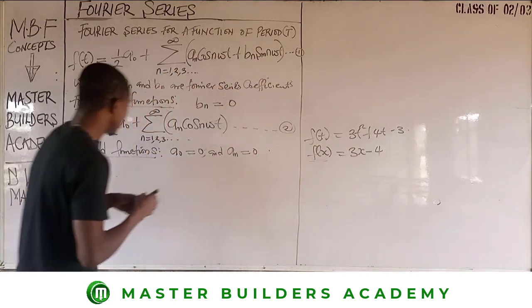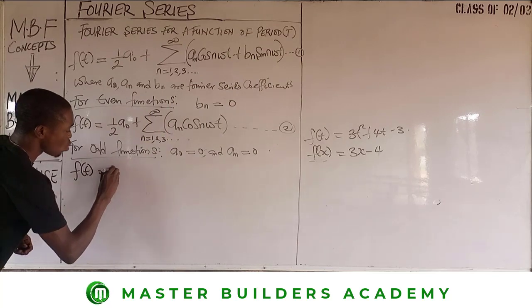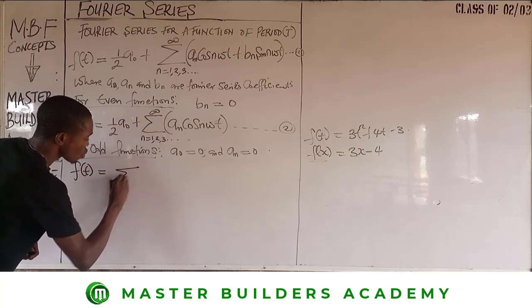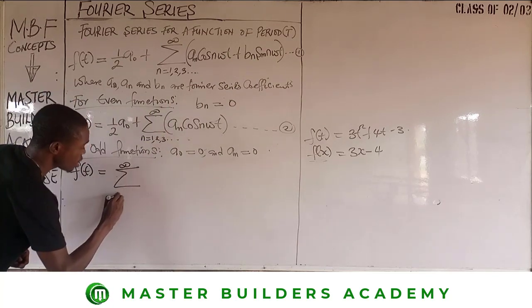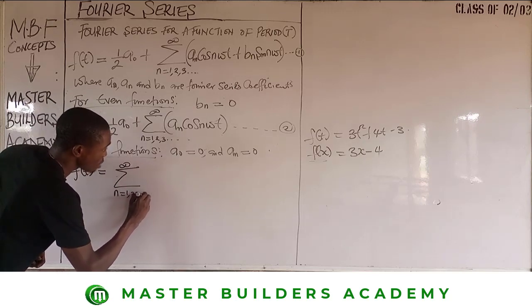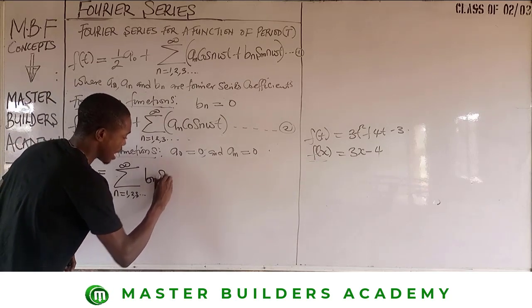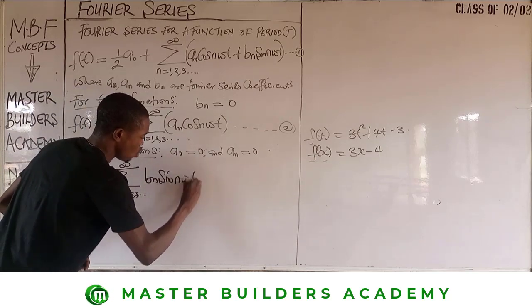So in this case, this equation would have turned to f of t is equal to the summation from n equal to 1, 2, 3 to infinity of Bn sine n omega t.